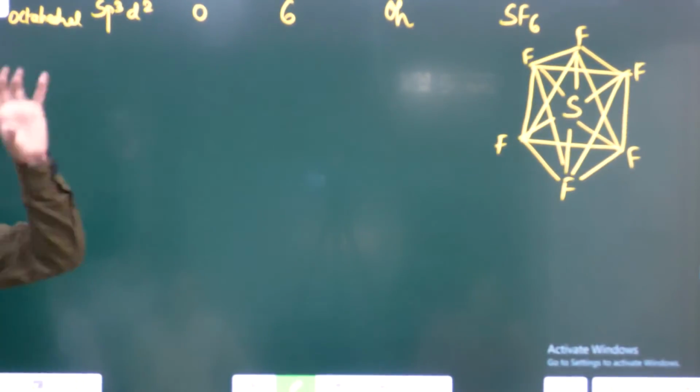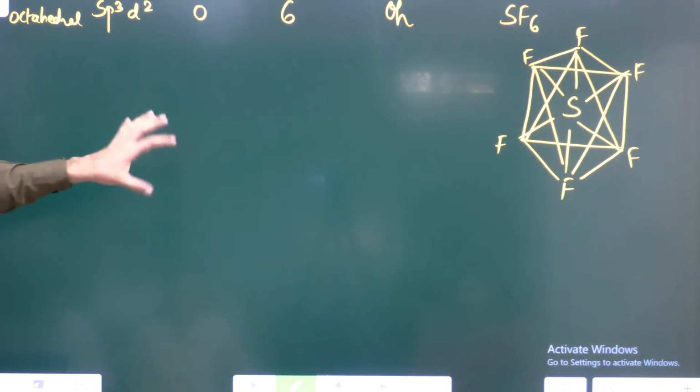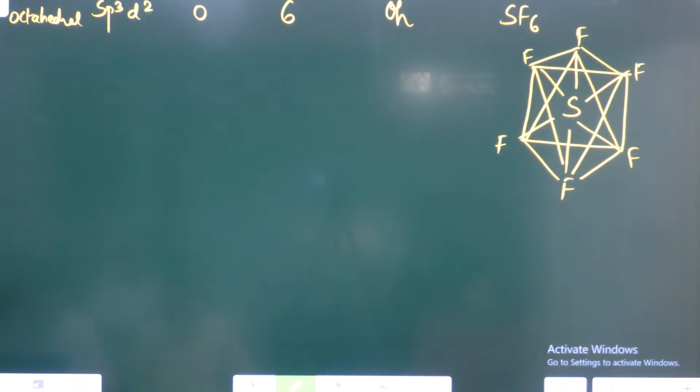Fluorine is at the corners of the octahedron. Is it clear? Next.